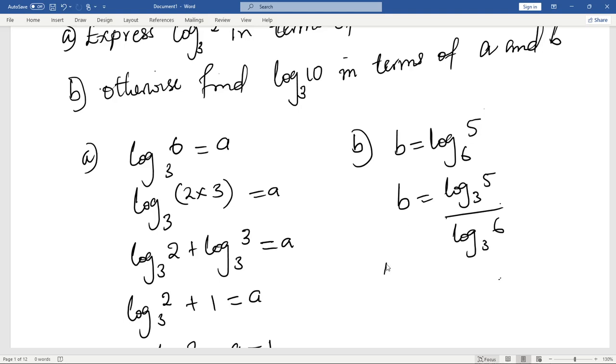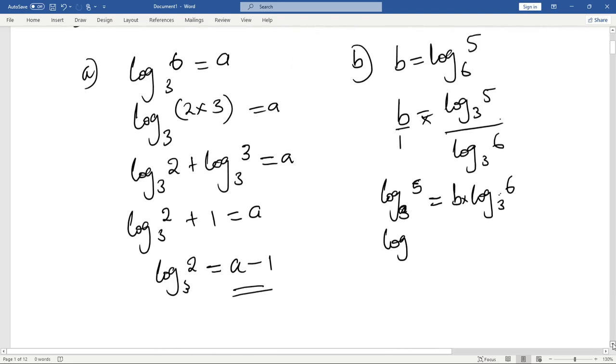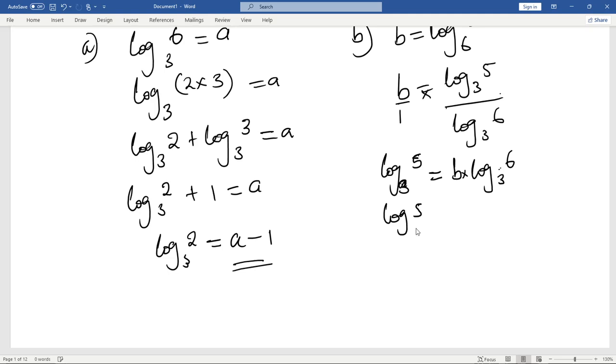So log 5 to the base 3 will be equal to, when we do cross multiplication, b log 6 to the base 3. Now remember, we're given that log 6 to the base 3 is equal to a. So where there's log 6 to the base 3, we put a, and we have ab.